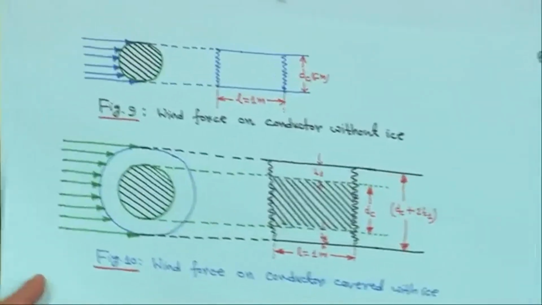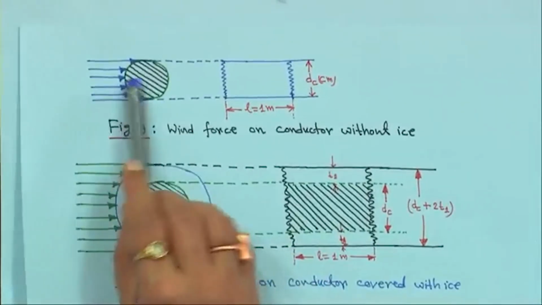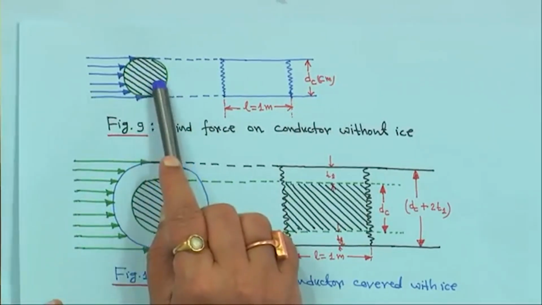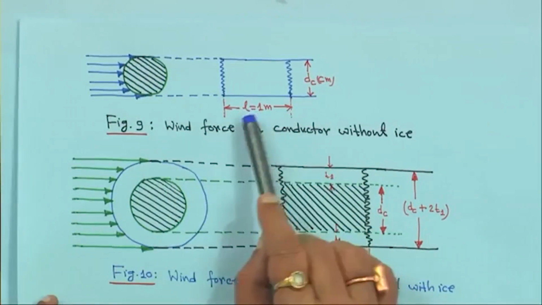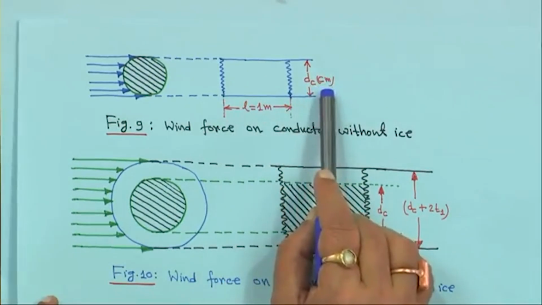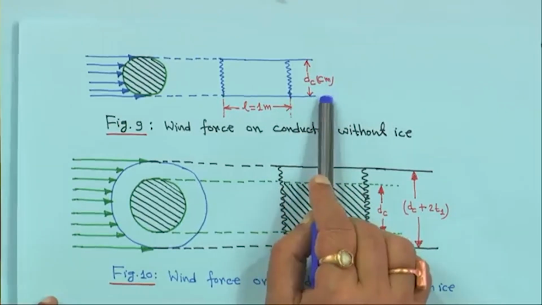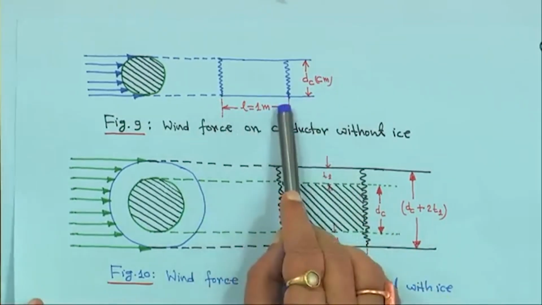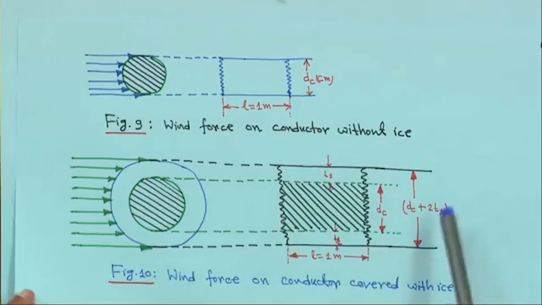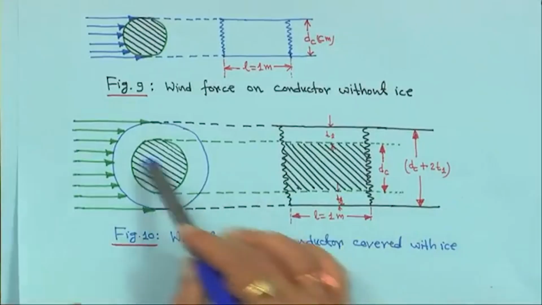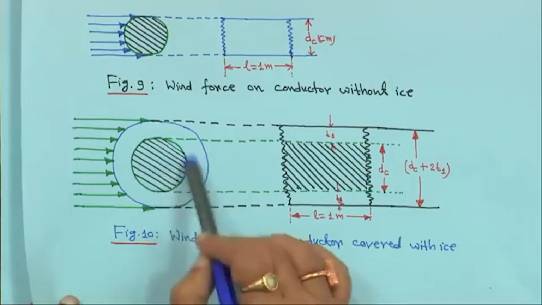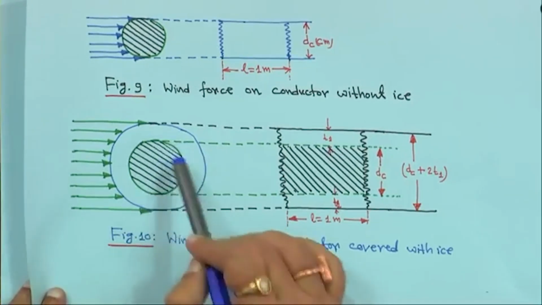So, here the wind is blowing horizontally, this is the conductor without ice, and this is the length we have considered, say 1 meter, and d c is the diameter of the conductor. This is wind force on conductor without ice. Now, we have assumed that the conductor is coated with ice of uniform thickness.